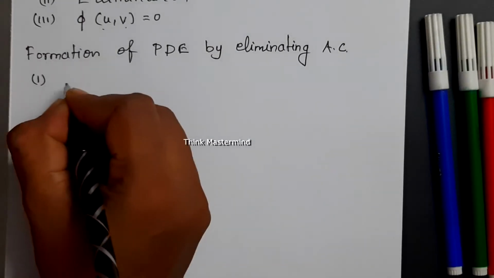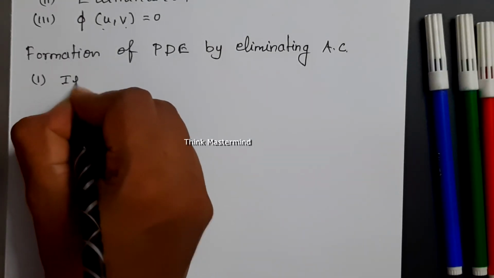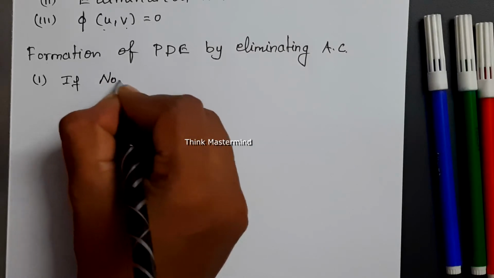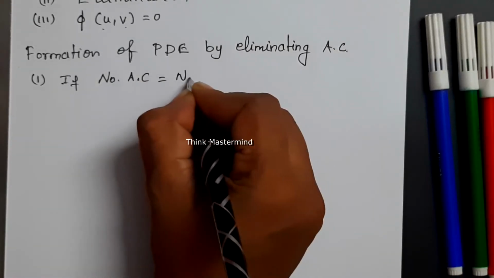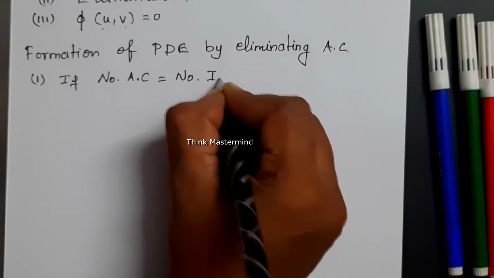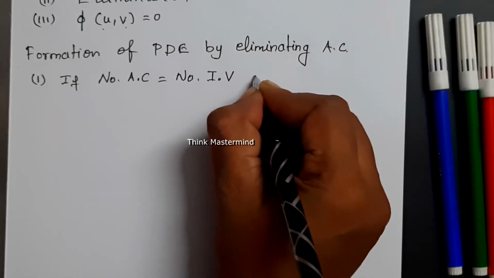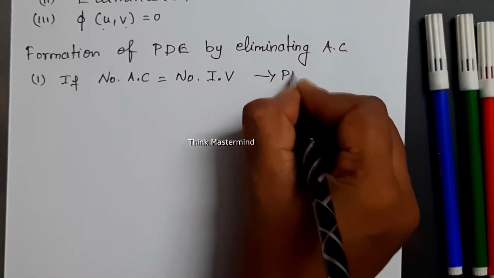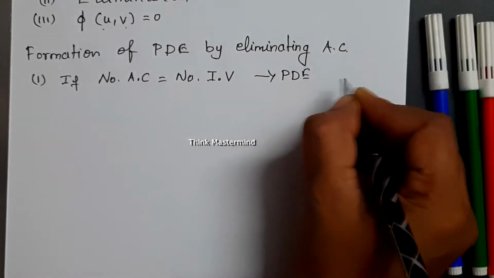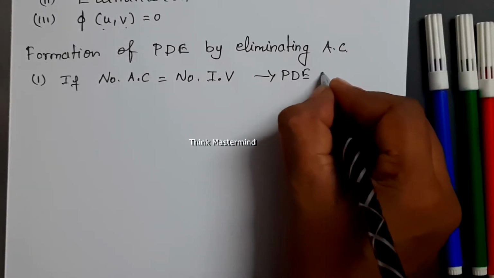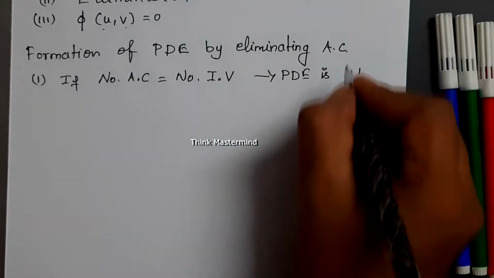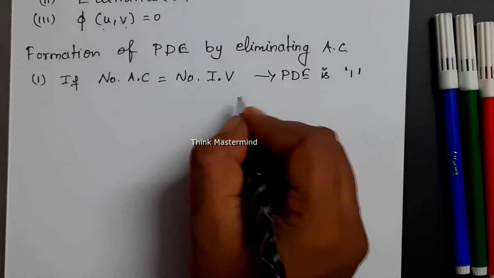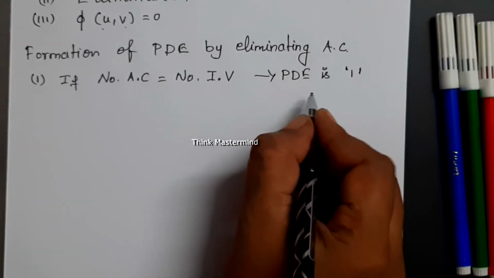First one, if the number of arbitrary constants is equal to the number of independent variables, then the output PDE, that is partial differential equation, is of order 1, that is in the form of p and q.